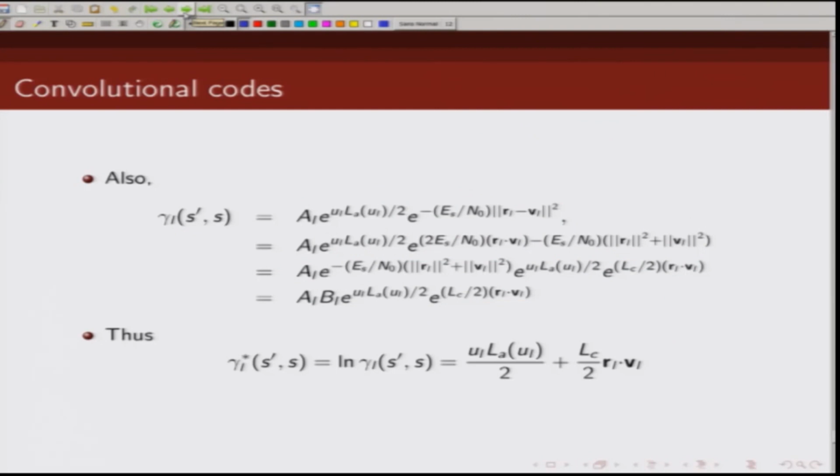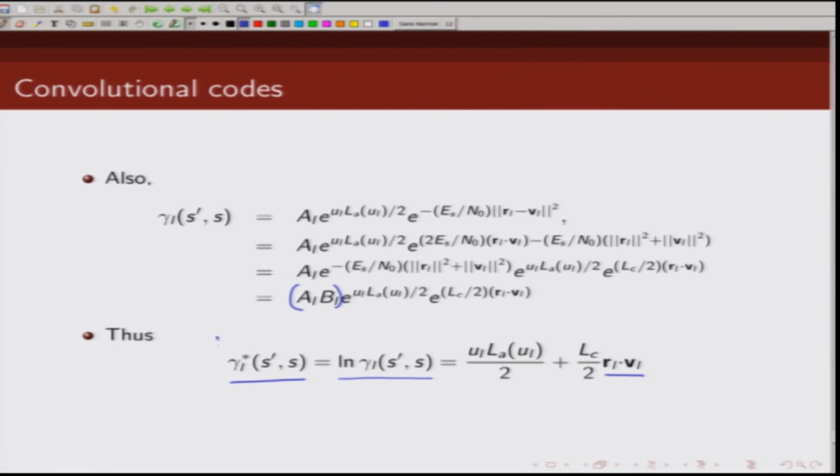Now, if we consider the branch matrix in the log domain, then the log of this term will be some sort of constant, which we just ignore because it does not depend on the choice of v_l, u_l. So then this will become u_l times the a priori L value by 2 plus L_c by 2 times the dot product between the received sequence and the transmitted code word.